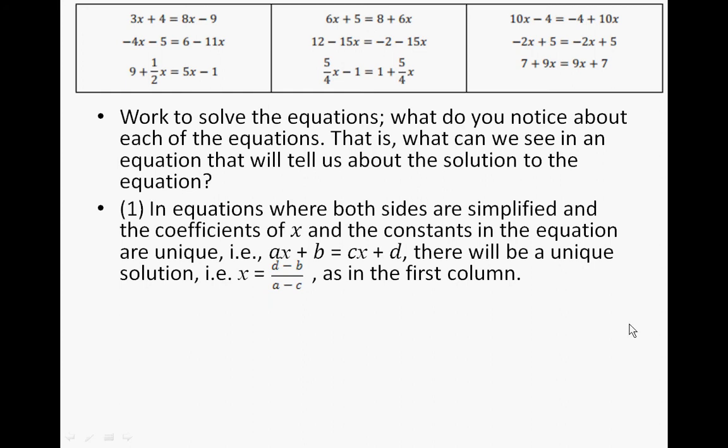So therefore, there's going to be a unique solution, x equals d minus b divided by a minus c, as in the first column. So try that without even using your properties of equality. Can you do d minus b divided by a minus c and see if you can get a value for x?